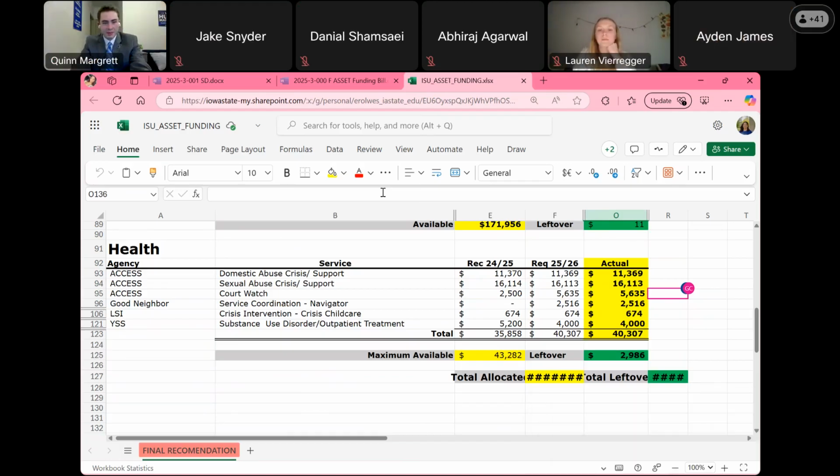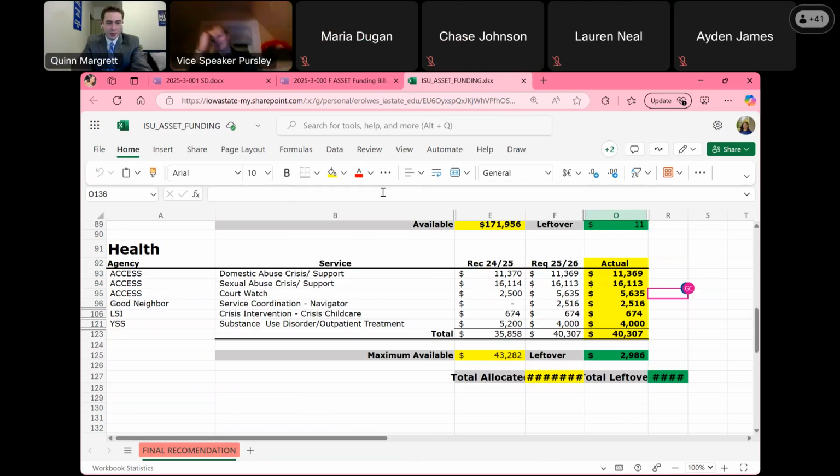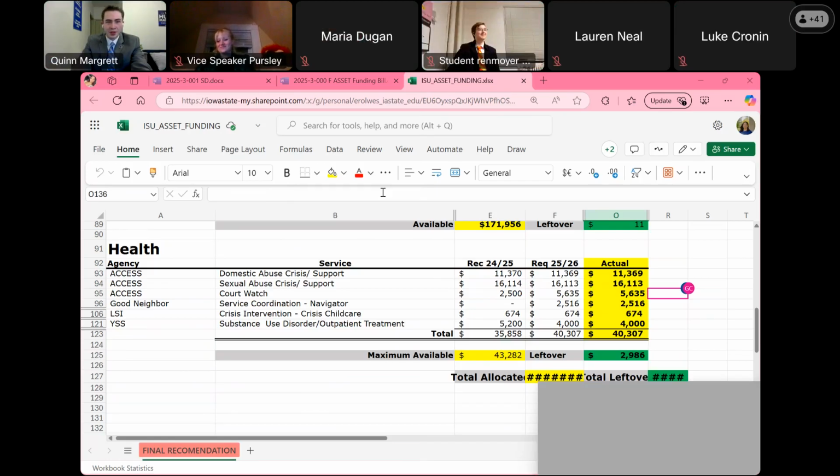Bailey, yes. Johnson, yes. Dugan, yes. Neal, yes. Sloop, yes. Persley, yes. Cronin, yes. And Moyer, yes. Just due to the interesting format, is there anyone that I've missed on that list?